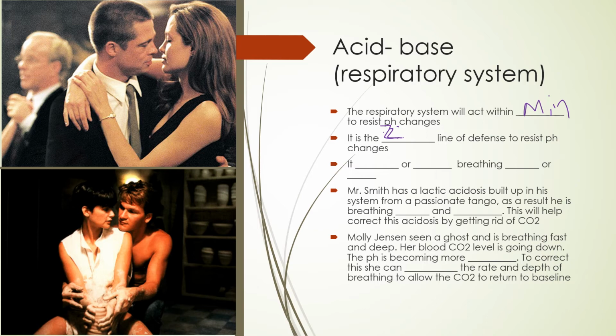This is where if you start doing wind sprints, you start breathing hard, right? Your chemical buffer system got used up, and now you're tapping into the respiratory buffering system, right? So what happens here is, how does this respiratory system buffer for an acid-base imbalance? It will either increase or decrease the breathing rate or depth.